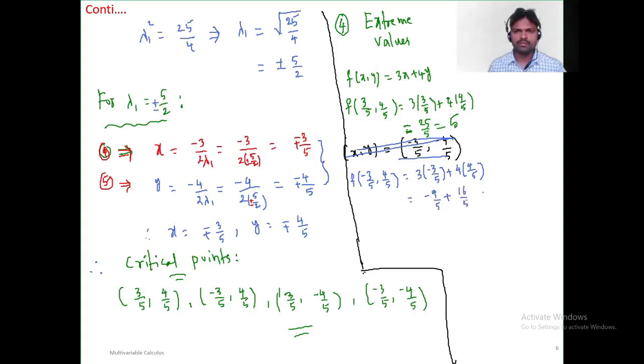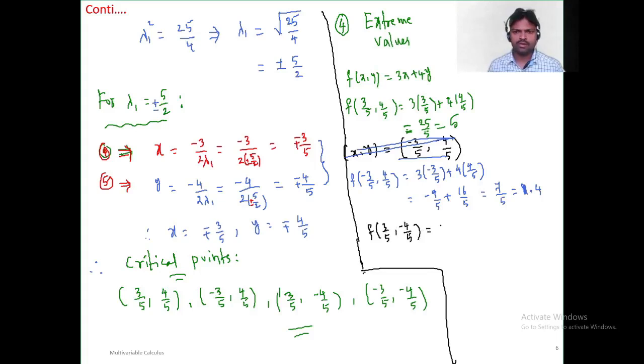So that is 7 by 5, which is 1.4. Next, at the third critical point, f of 3 by 5 comma minus 4 by 5.